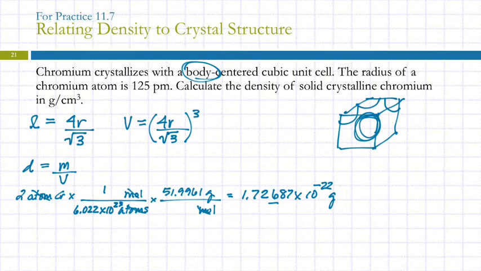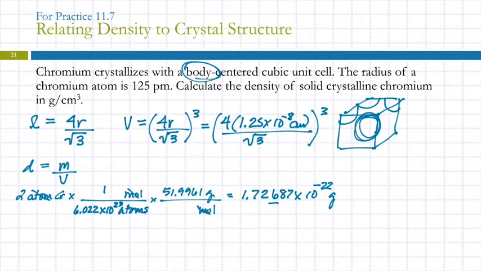Here we've got picometers. Again, I'd rather convert that before I cube it. We did that on the previous problem, so I'm pretty sure that's going to end up to be 1.25 times 10 to the minus 8 centimeters. So 4 times 1.25 times 10 to the minus 8 centimeters divided by the square root of 3, quantity cubed.